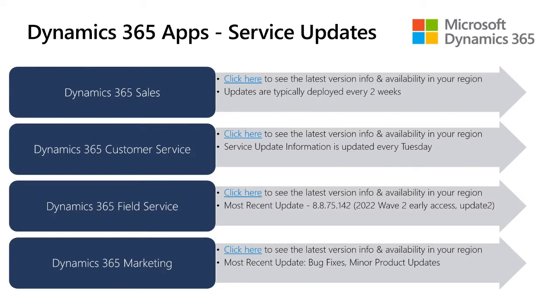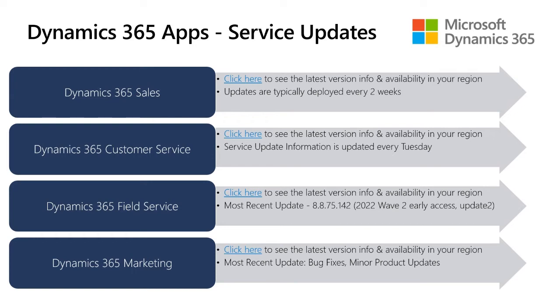On the Dynamics 365 app side, these do have separate service updates from, say, the Dataverse updates, and so they also have a different cadence. For instance, sales may be deployed every couple of weeks, and for customer service, the information is updated every Tuesday. With field service, that can vary a little bit more.